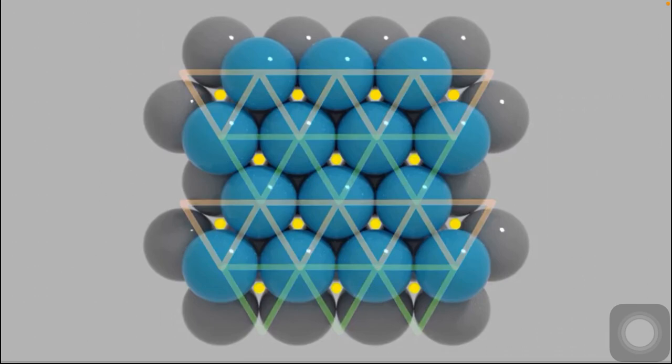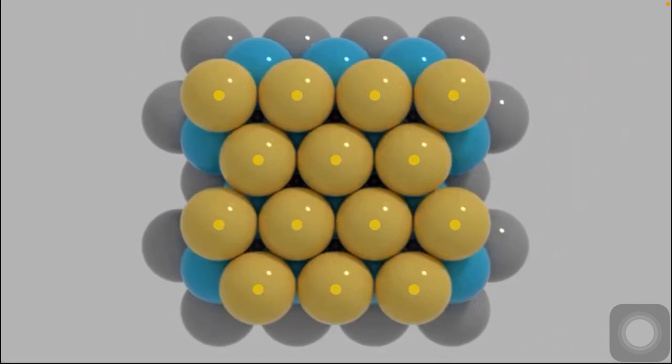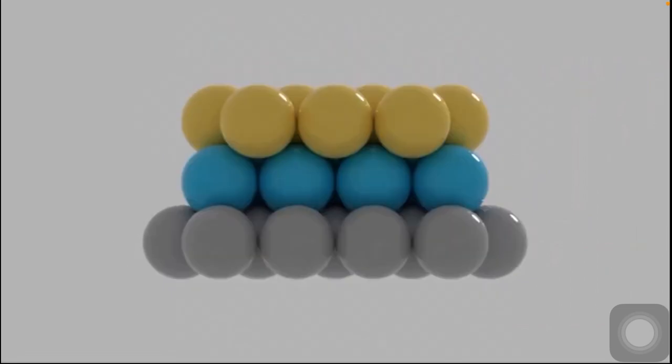Now place the third layer on these yellow dots such that the center of atoms lies at these points. Clear? So this type of stacking of atoms is ABC type. This is the side view for the ABC type.